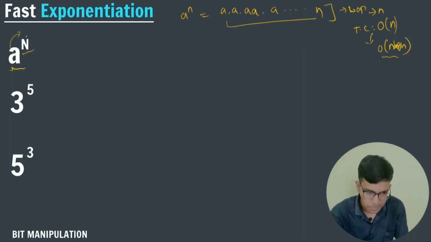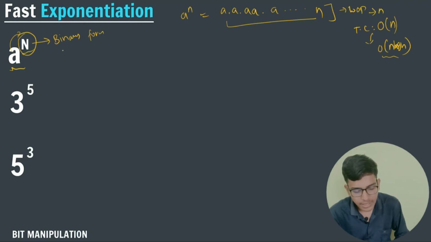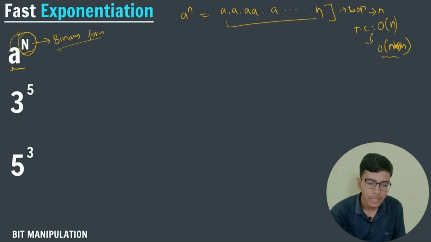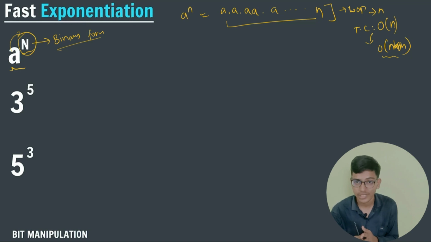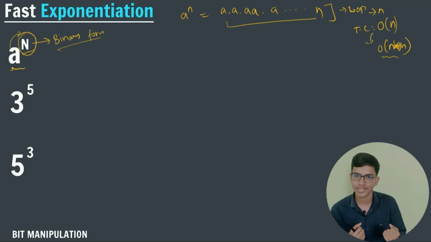We will take n and convert it into binary form, and from the binary we will calculate the power of that particular given number. In the beginning this question might sound a little bit tricky, a little bit difficult. So if you watch the video again and do the question by yourself, then you will understand it. Believe me, you will understand the things.